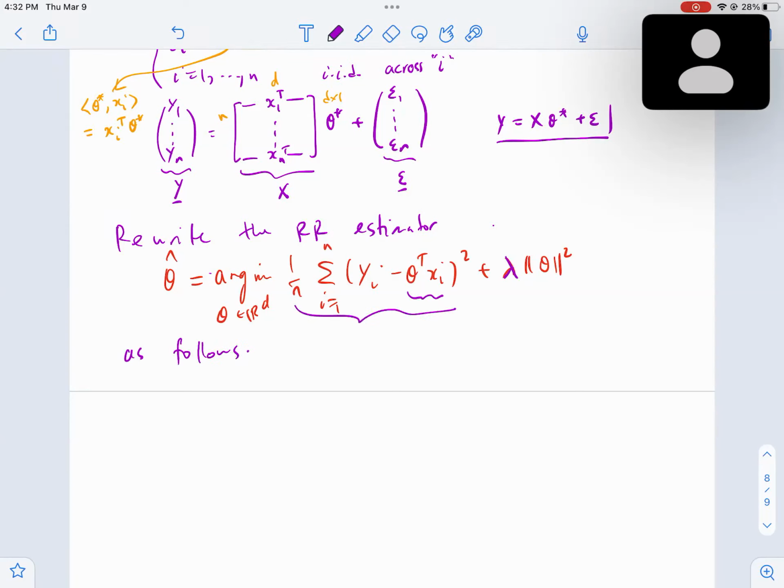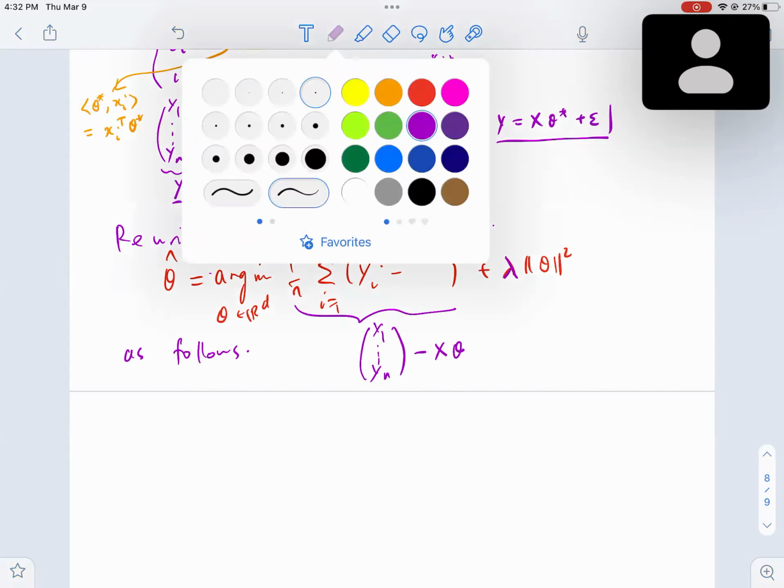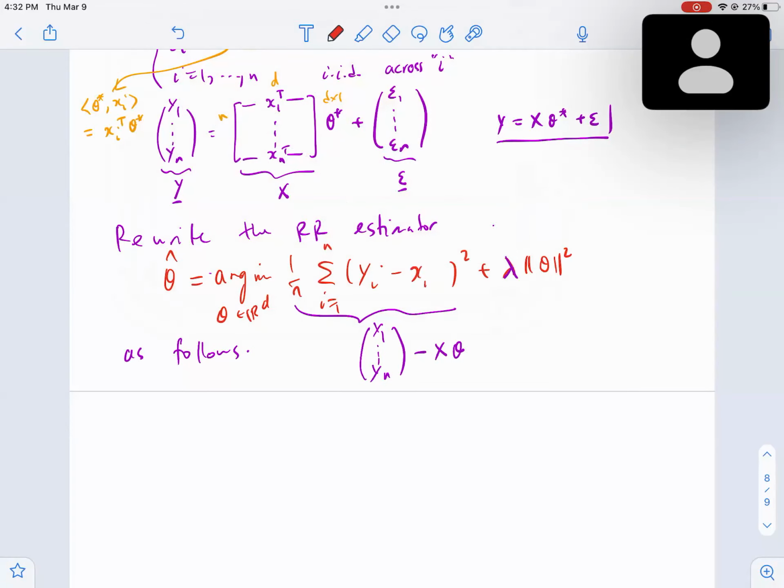So this guy, I can write it as y1 up to yn minus x times theta.